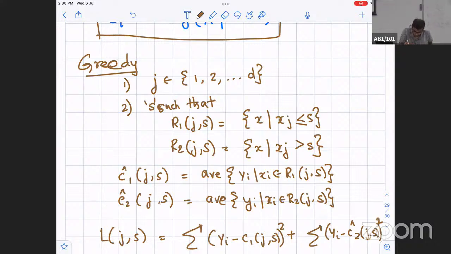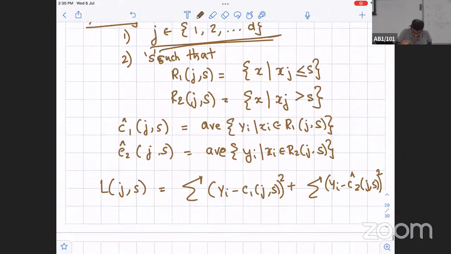So for every j, I'll find an s. I will define an s like this, and depending upon the s, I will have a split like this and I will get this value. I will find the value of s which minimizes this, right?